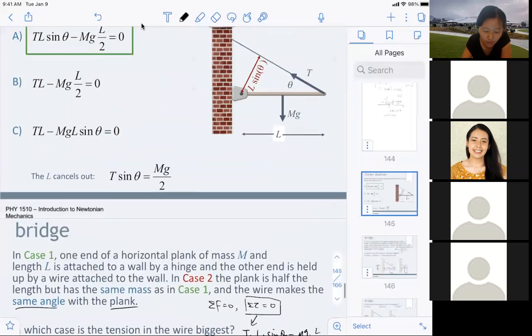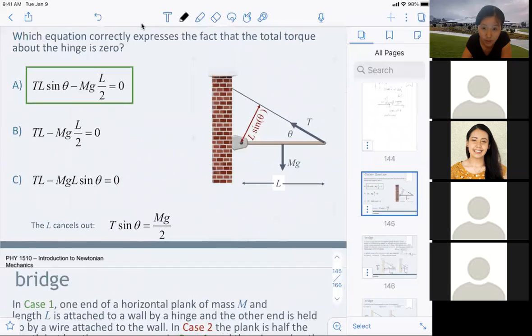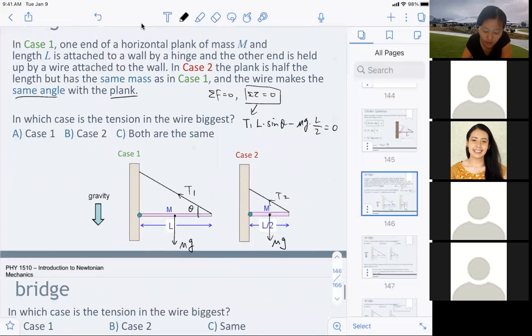This is from our previous question, okay? So that is exactly the same as case 1. Our length is L and halfway is L/2 for gravity. So from here, if I cancel my L, I get tension in case 1 is mg over 2 divided by sine theta. Okay, so that's in case 1.